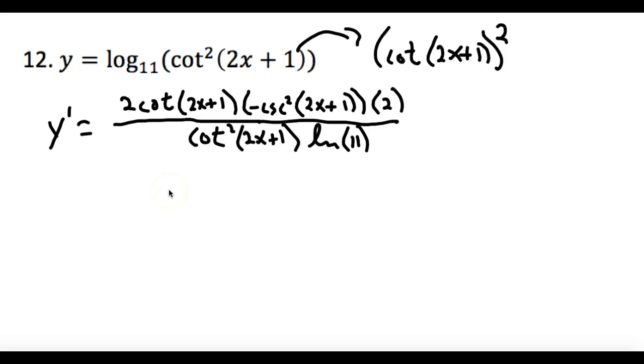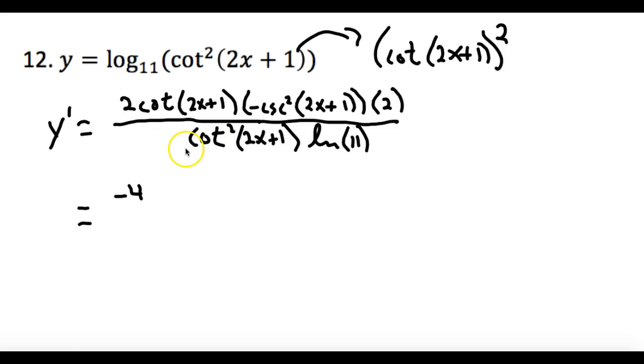Okay, so again here I could clean this up a little bit, and I'll go ahead and write this one out. So I've got 2, a negative 1, and a 2 in my numerator here, so I'll have negative 4. Now I can cancel out one of these sets of cotangents, right? I've got cotangent of 2x plus 1 and cotangent squared of 2x plus 1.